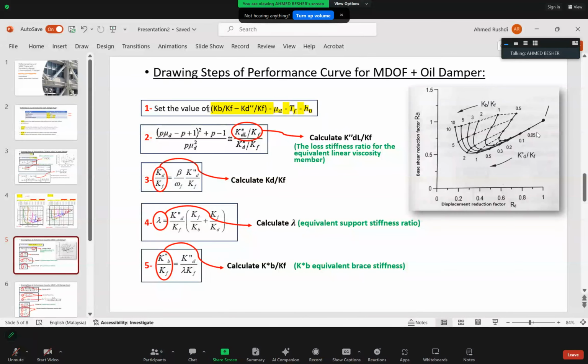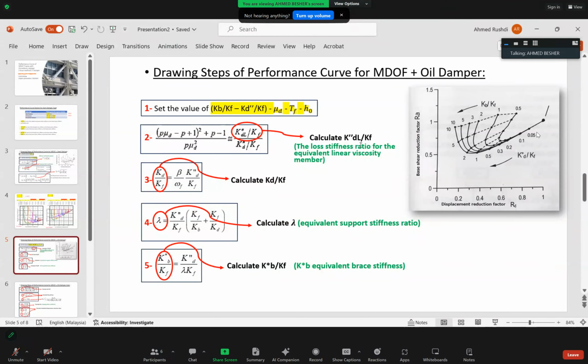So the first step is to set these values: the ratio between the bracing and the frame, the initial primary loss factor ratio, and then we set the mu d, the ductility of the damper, the initial time period for the frame, and each node. We set these values, and the second step we calculate the loss stiffness ratio for the equivalent linear viscosity member.